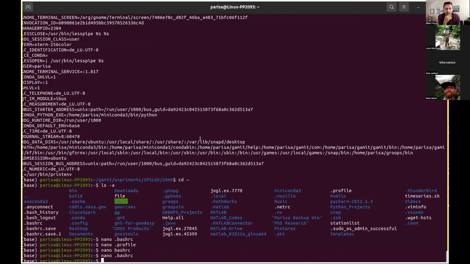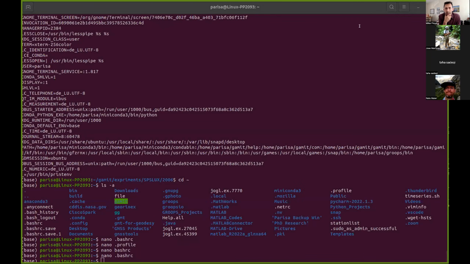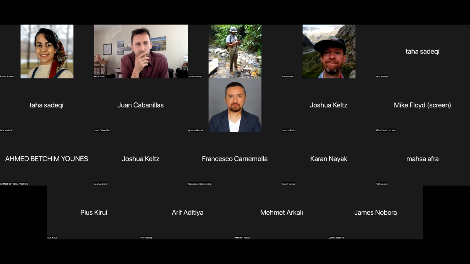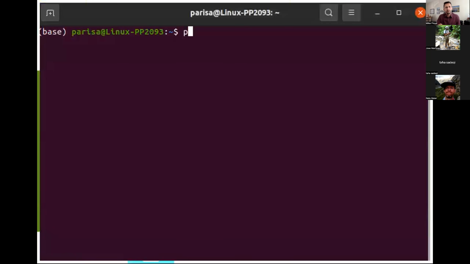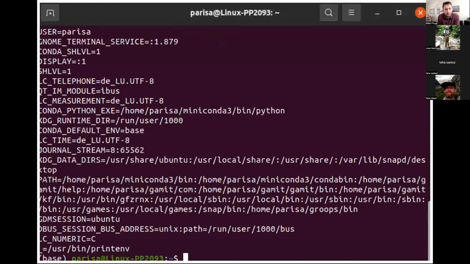And then you'll probably need to open up a new terminal window just to refresh the environment. Or source. Sometimes that works, yeah. So let me open another terminal and share this one. So it was printenv.